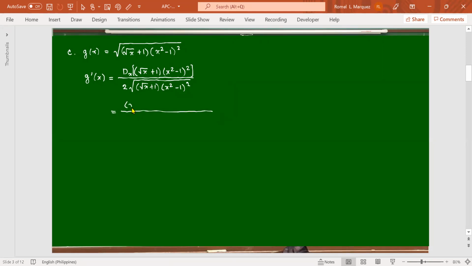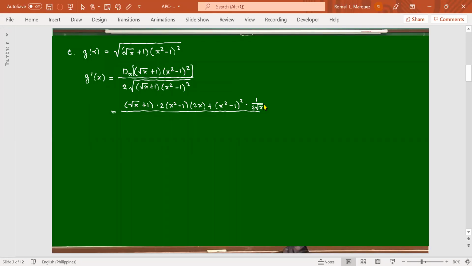How do we differentiate a product, guys? The first, derivative of the second: drop the exponent, copy the base, subtract 1 from the exponent, get the derivative of the base, plus the second, x squared minus 1 raised to 2, derivative of the first, that is, I mean, square root. 1 over 2 is square root of x.